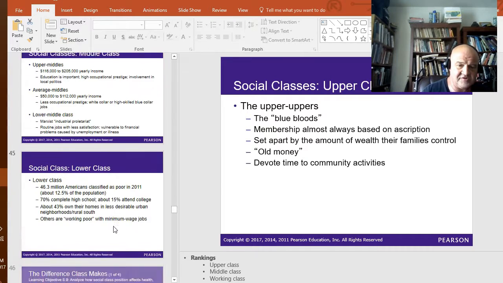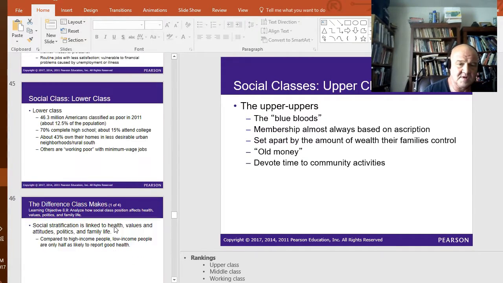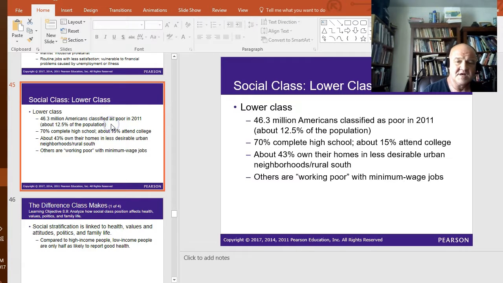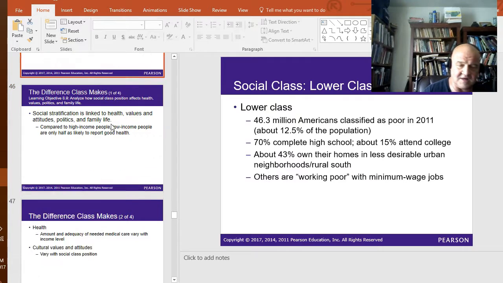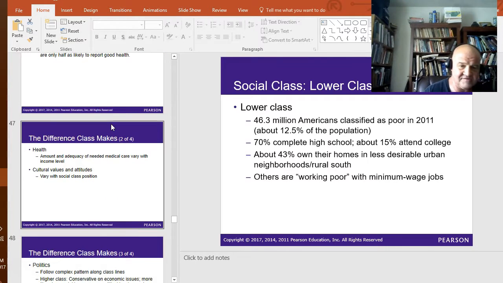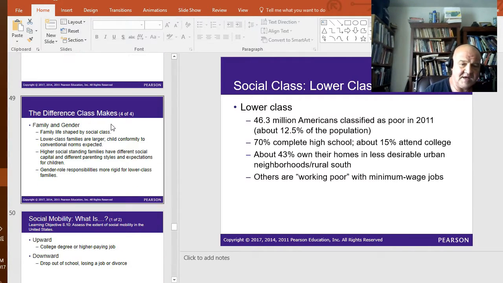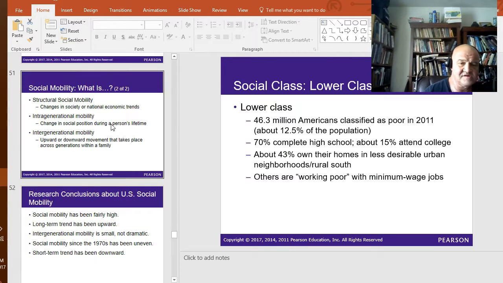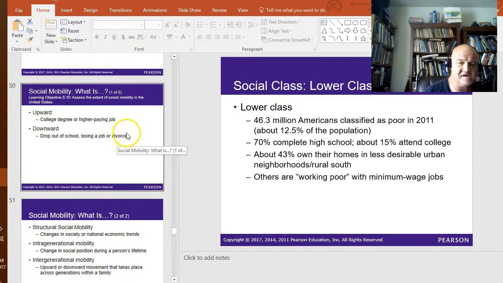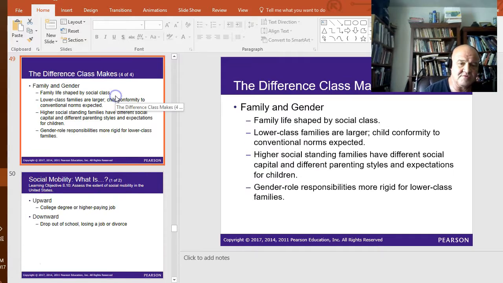Slides 42 through 45, review those for an overview of the class structure in the United States. Okay, and slides 46 through 49 give us an overview about the effects of class.